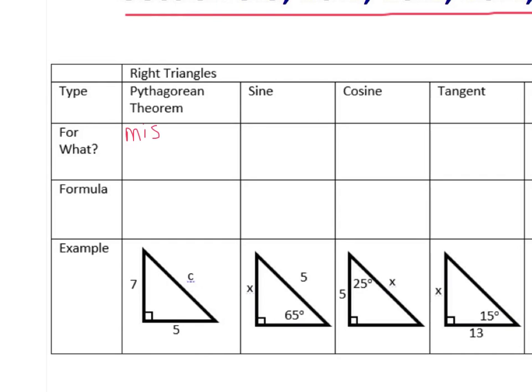So it's when we have a missing side. Okay? And the Pythagorean theorem has really nothing to do with angles other than it has to have a right angle because it has to be for a right triangle. Our formula for this is a squared plus b squared equals c squared. Okay? So don't forget about the Pythagorean theorem.